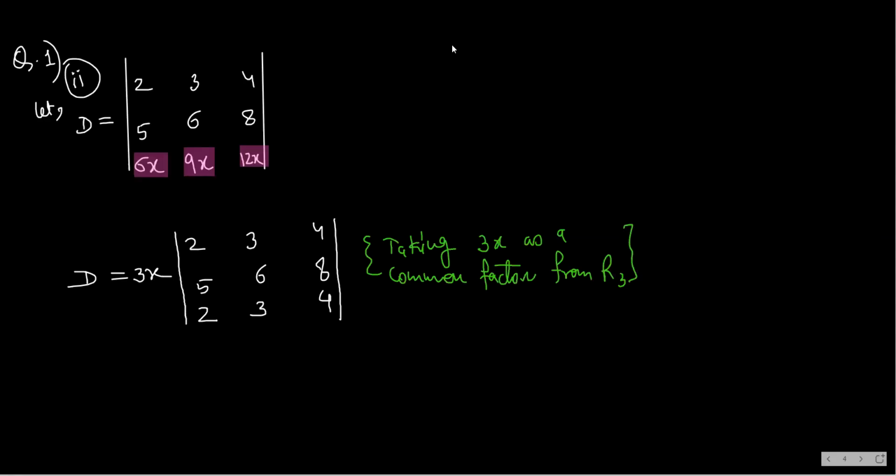Now I write, therefore D equals 3x into 0. Why 0? The value of this is 0 because R1 and R3 are identical. They are identical.